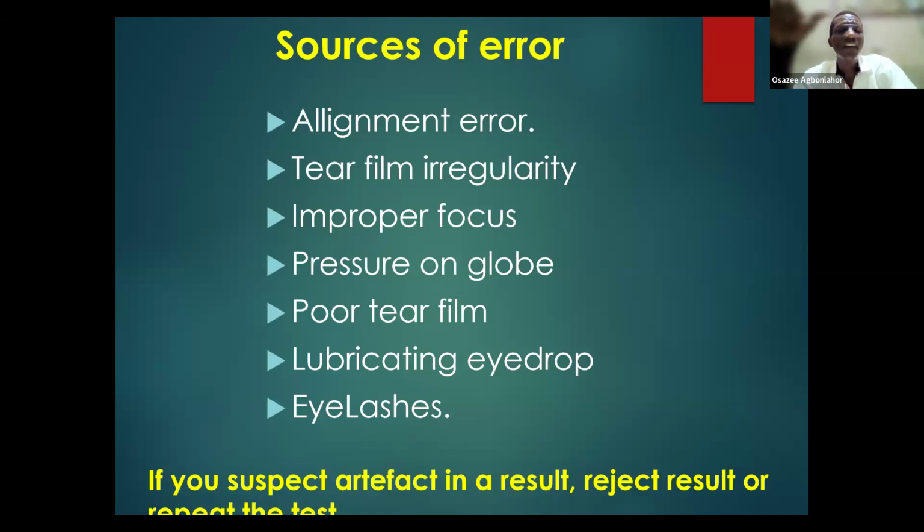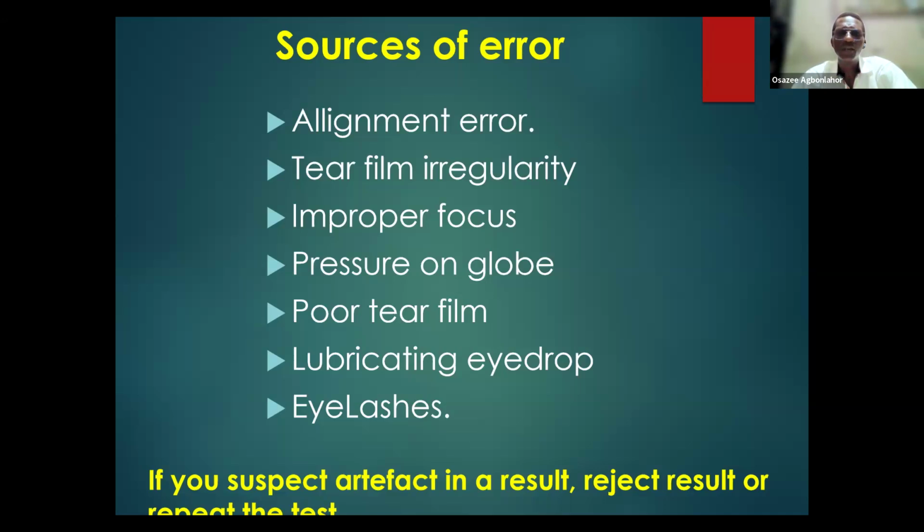We wet that eye for about 5 minutes before the patient goes into the procedure. Because why? We need a very smooth surface. Assessing the smooth surface is one of the reliability indices, even for this procedure. So you must have a very regular tear film, otherwise it's going to give you an error.